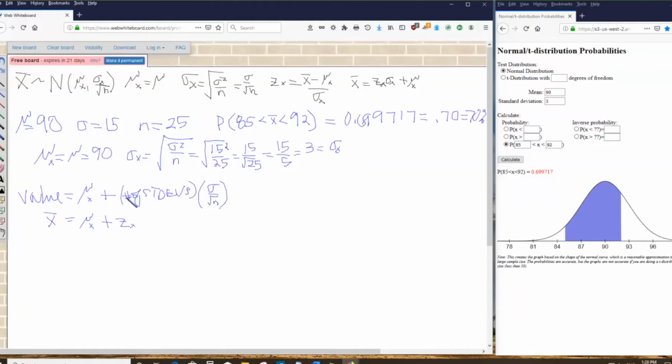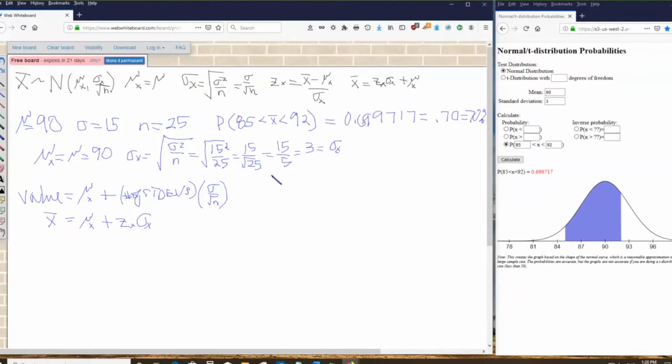If you'll recall, this found a number of standard deviations. We saw this in Module 2, and then this was redefined as a z-score in Module 6. And then your sigma over square root of n is just your standard deviation of the mean.